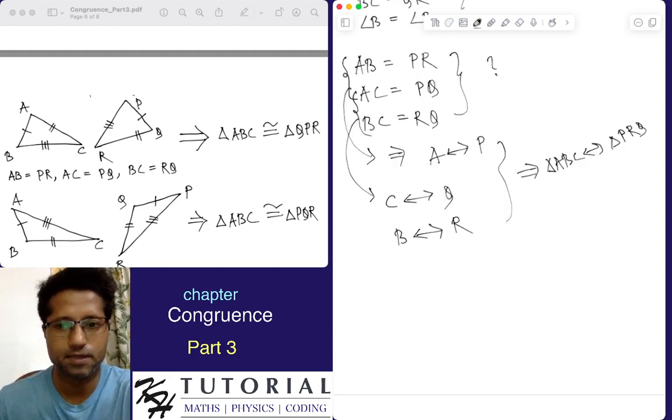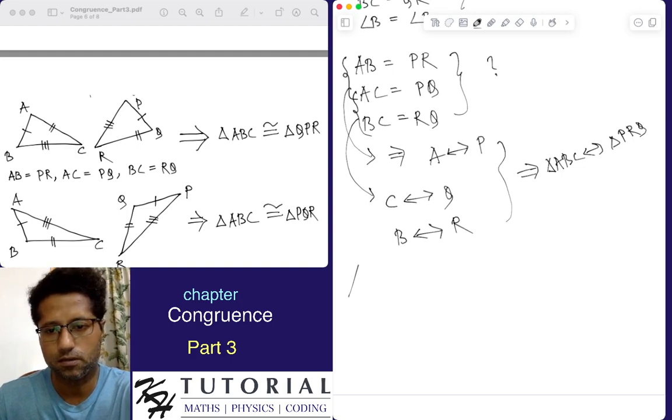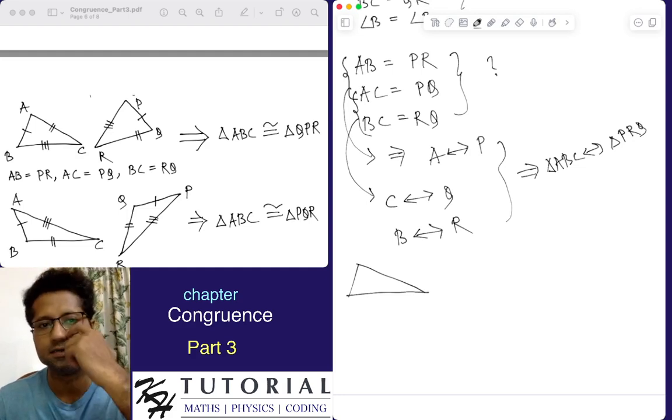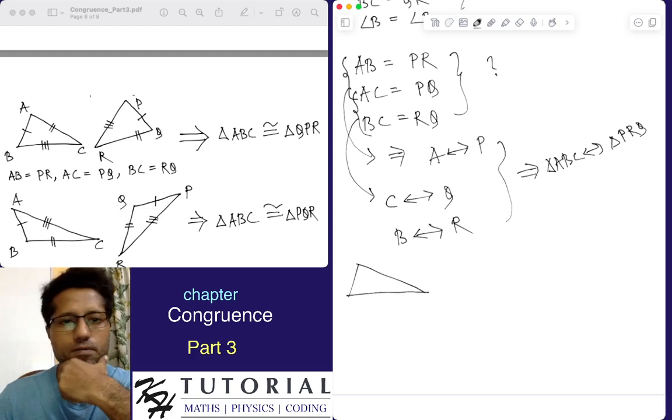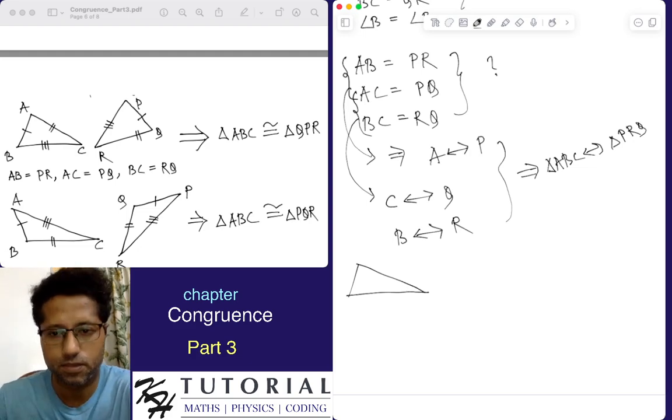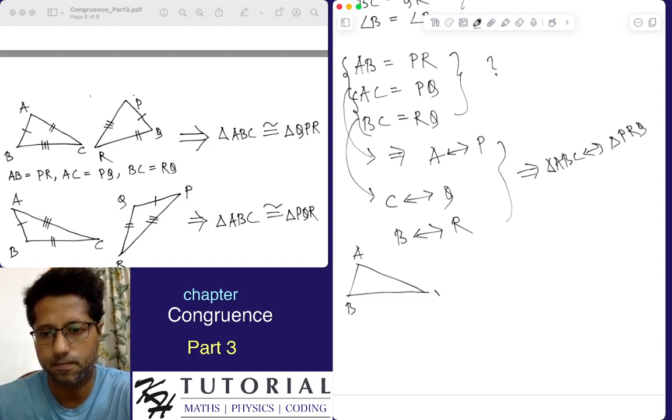Anyway, as per the diagram in the first figure, the equality of angles and sides in two triangles is mentioned, for sides, with a small dash or double dash or triple dash. So we have a triangle ABC and a triangle PQR.